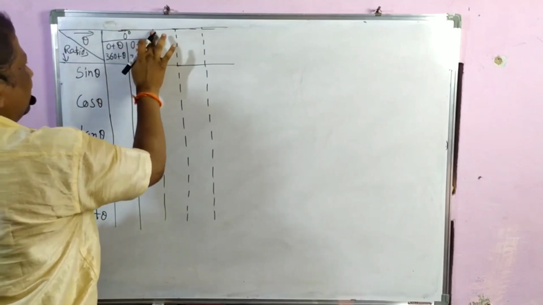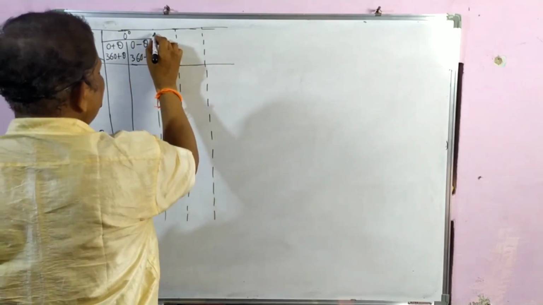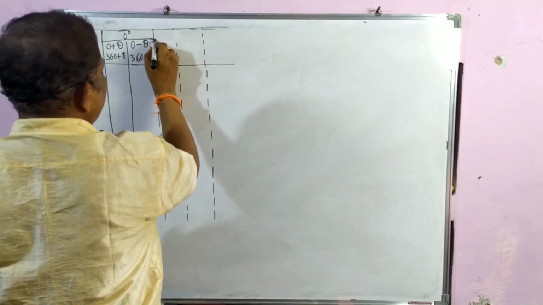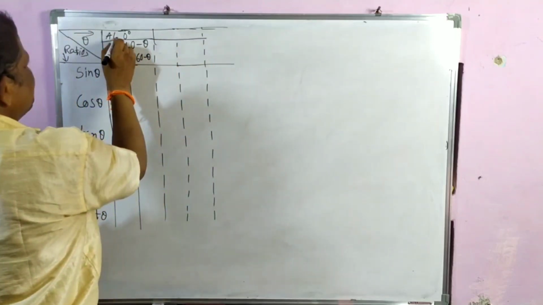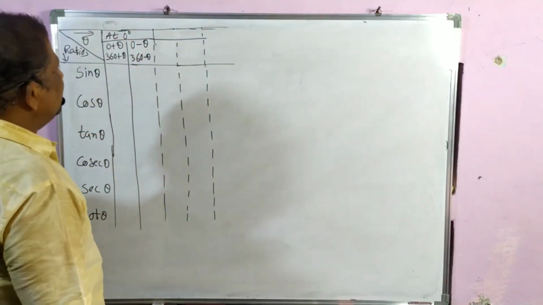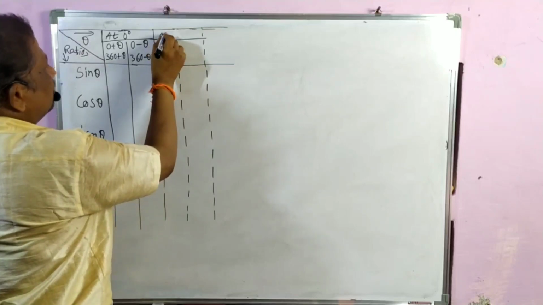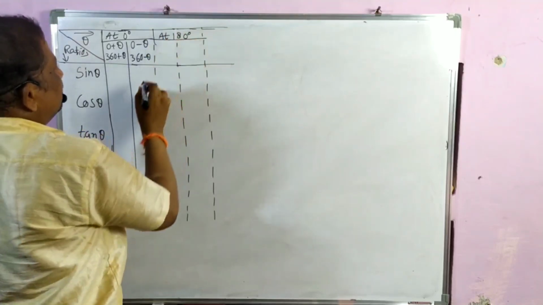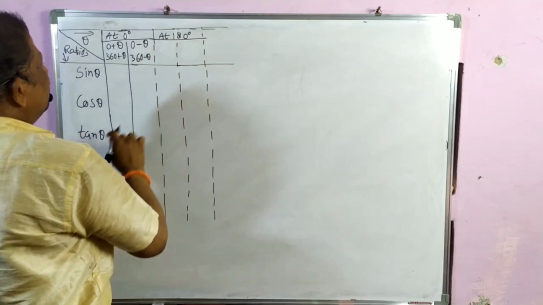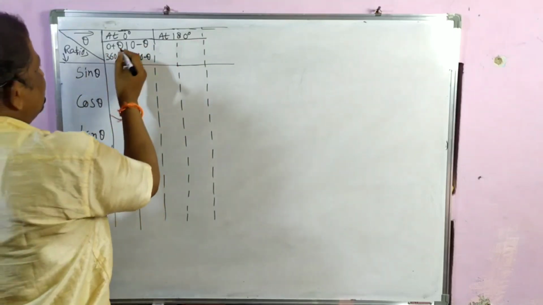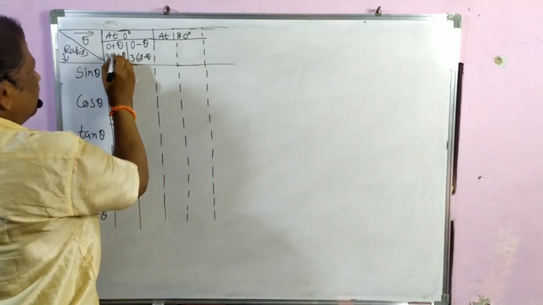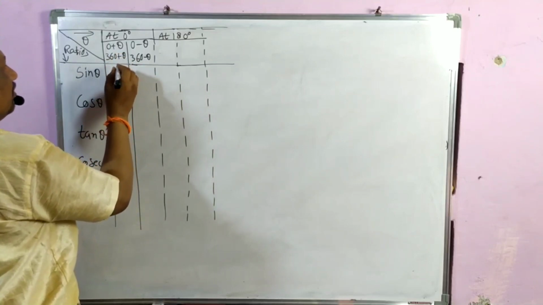Where this x-axis we will take here, this is at 0 degrees, and next we will take at 180 degrees. Plus theta means it falls in first quadrant.